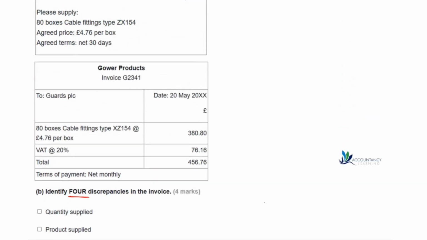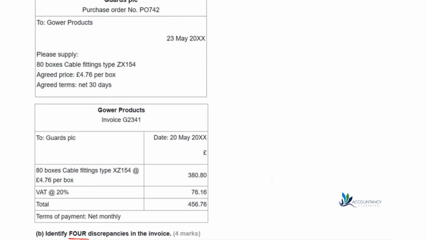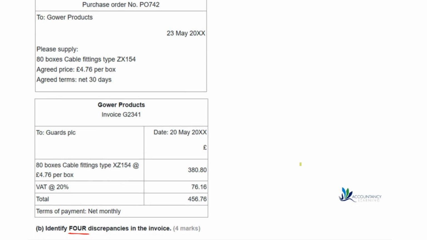So let's have a little look at what we can find. So we can see that we've got a difference in date here. We've got the right number of boxes supplied and we've got the right amount per box.